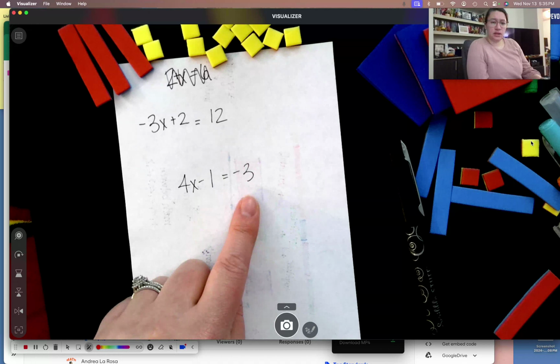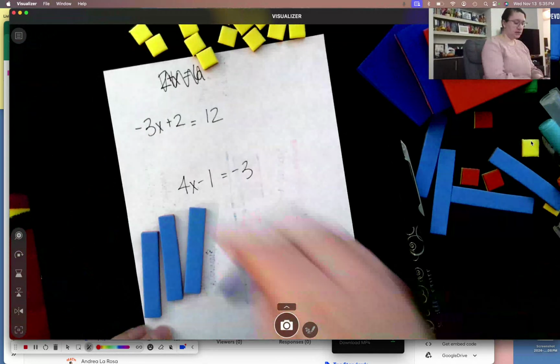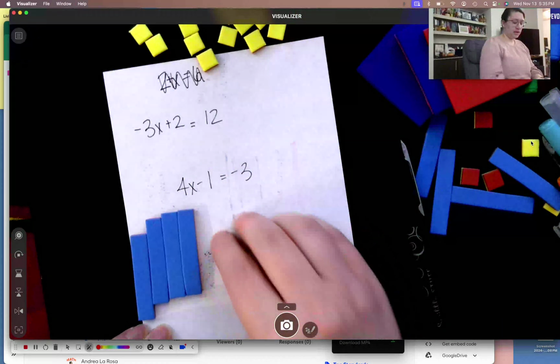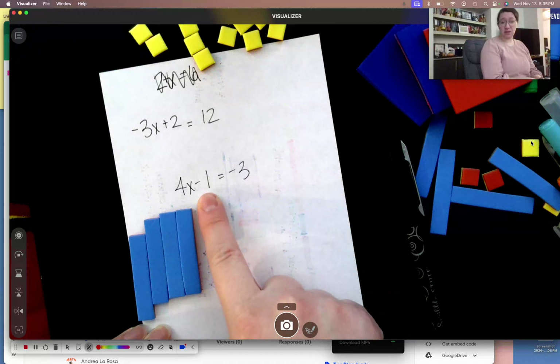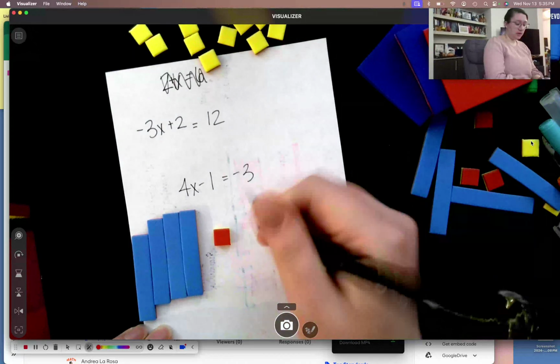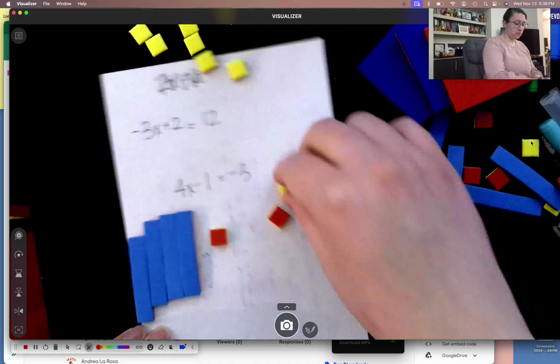What would negative 3 look like? Those 4x's are going to be my long pieces. My negative 1 is going to be red. Why? Because minus and negative mean the same thing. And on this side I need negative 3.